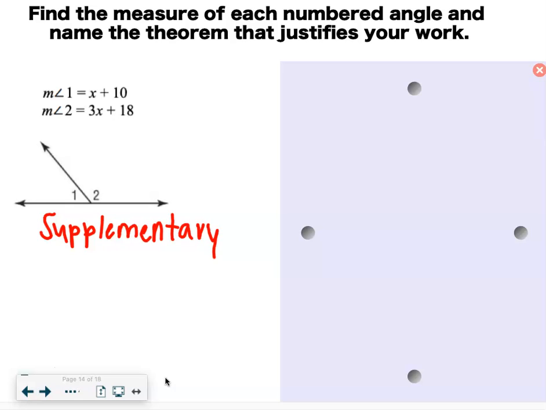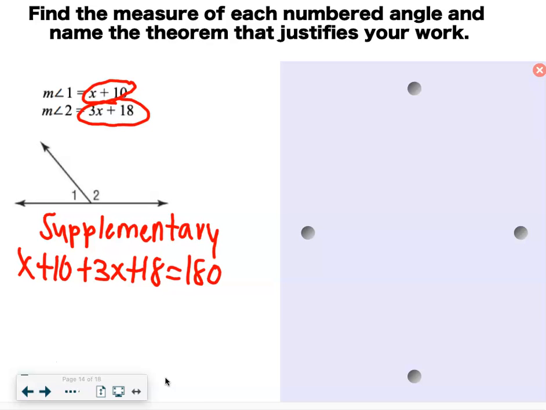So now what's an equation I can write? X plus 10 plus 3x plus 18 equals 180. This guy plus this guy equals 180. You write it how you want. How many x's do I have? 4x plus 28 equals 180. 180 minus 28 is 152.